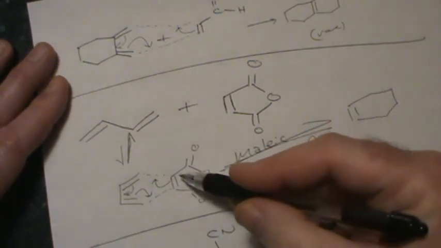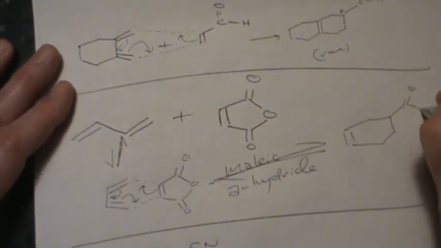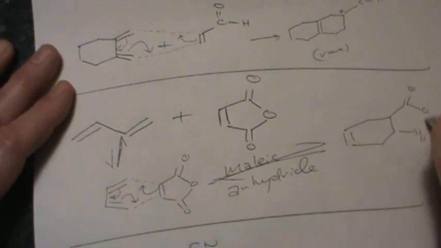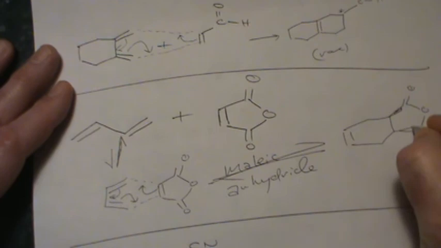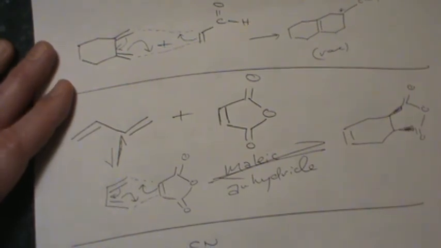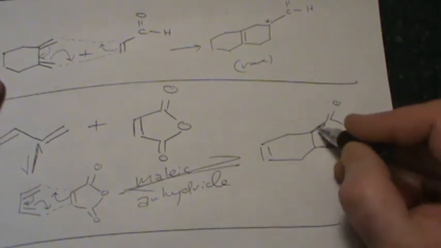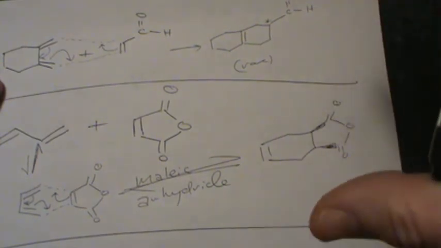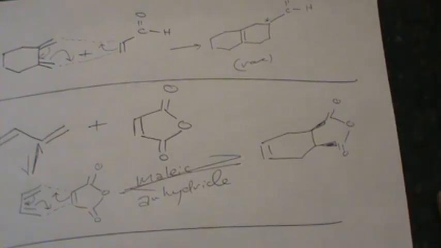And now we're attached to this 5-membered ring here. And this 5-membered ring is going to add in a syn fashion. Since it's a concerted cycloaddition, the 5-membered ring will add in a syn fashion, meaning that both of these bonds are either on the top face or the bottom face, but you won't have one top and one bottom.